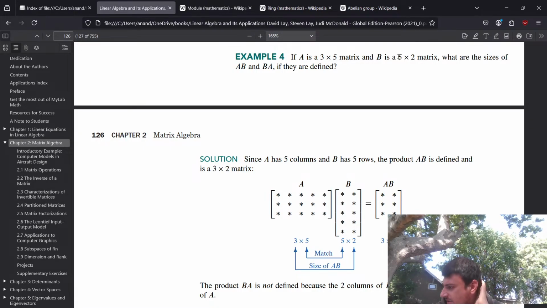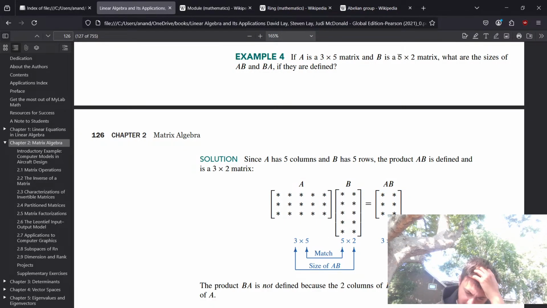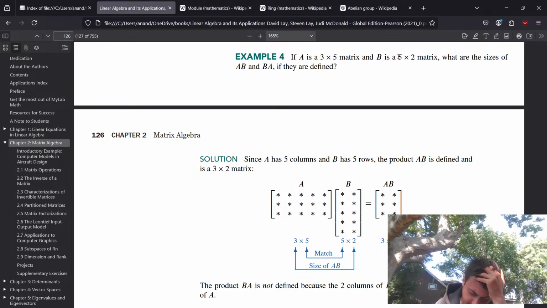Then you're going to get combinations. Let me think. You're going to get 2 combinations of 3. Okay, so yeah, it's going to be a 3 by 2.